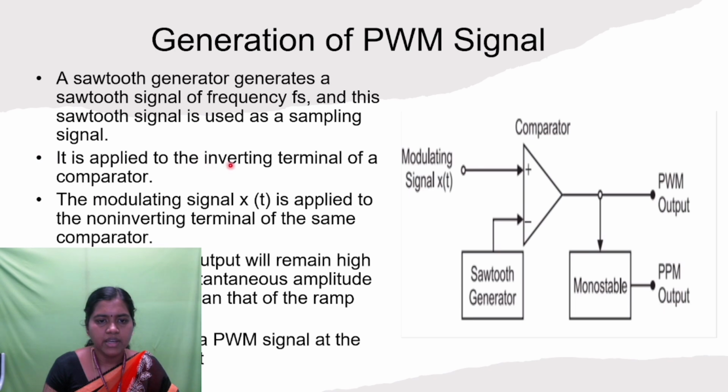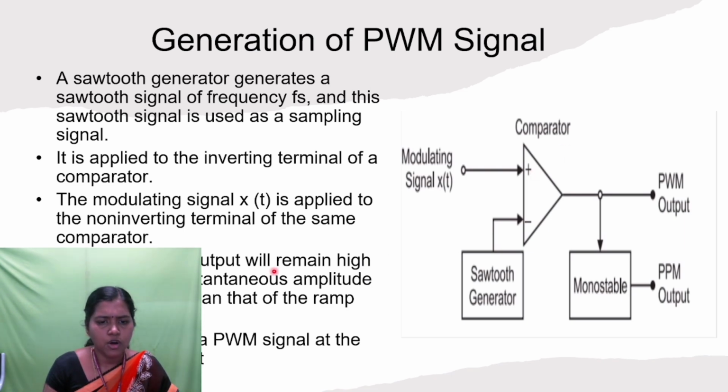It is applied to the inverting terminal of the comparator. Here this is a comparator; we have both non-inverting and inverting terminals, and the sawtooth is connected to the inverting terminal. The modulating signal x(t) is applied to the non-inverting terminal of the same comparator.